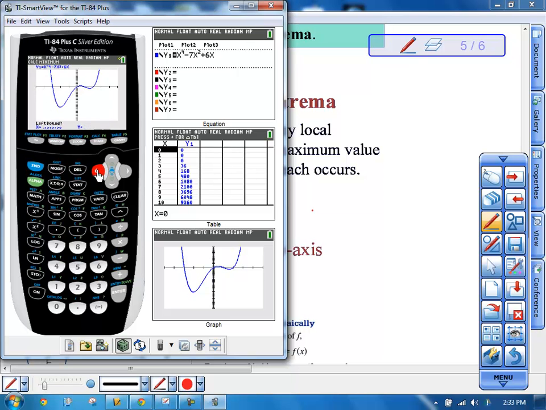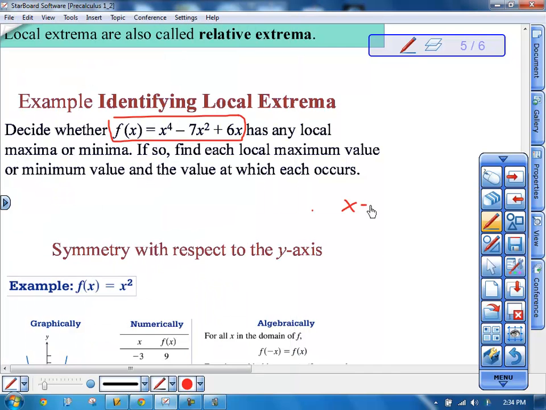We scroll to the left of the absolute minimum and hit enter, then scroll to the right and hit enter. Hit enter for the 3rd time, and that gives you negative 2.06, it looks like. So x equals negative 2.06 is the absolute minimum.